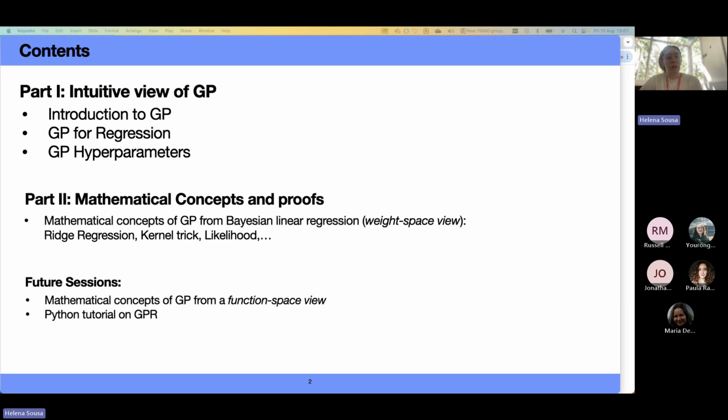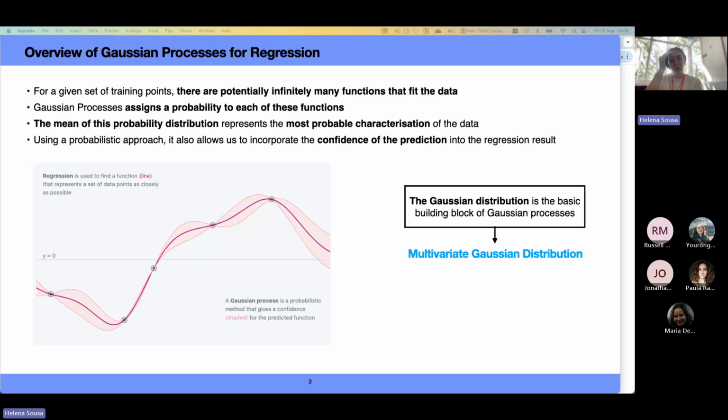But in future sessions we are thinking of doing the same thing from a function space view, and maybe also talk about how we can use Gaussian processes for regression tasks in Python. So, like I said, I'm going to start by talking overall about what Gaussian processes are.